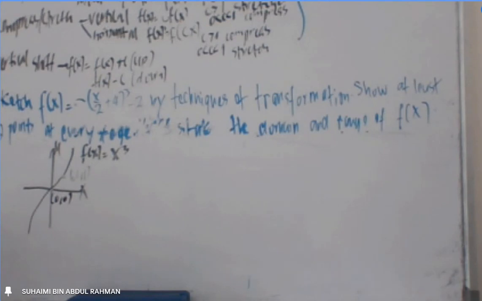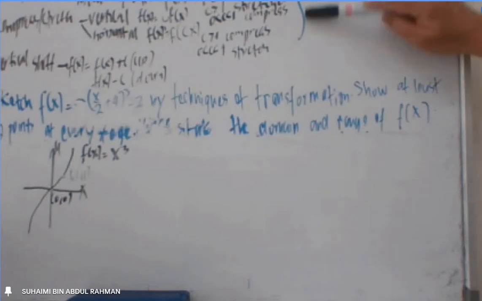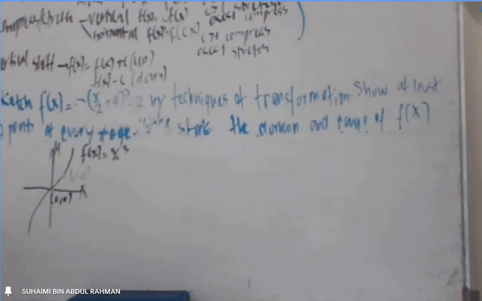Next, we go one by one through the process of transformation. We have to go one by one. We go to number 1. Do we have a horizontal shift?